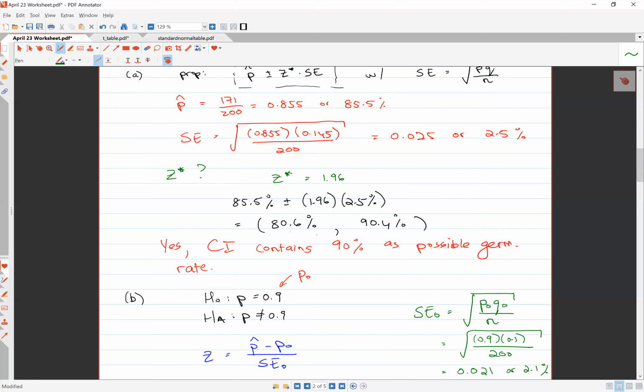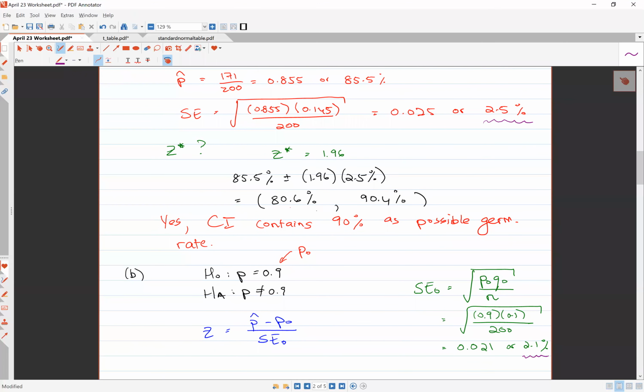Note here that we had a 2.5% standard error under A, and we have a 2.1% error here. That's the difference, especially with proportions. That's where things can deviate, because under the two approaches, we can have different standard errors, and different standard errors can result in different conclusions.